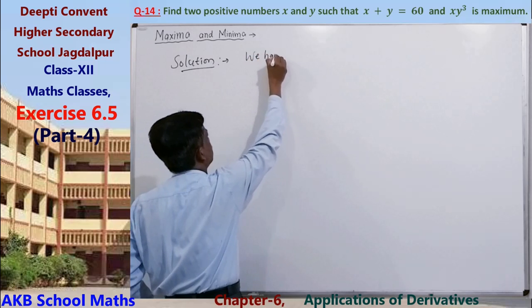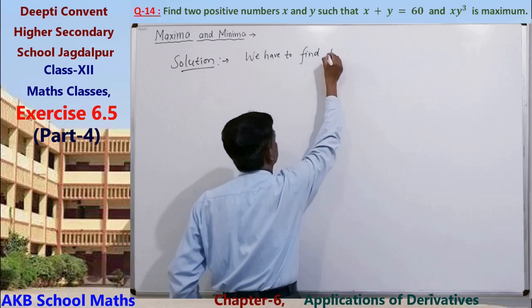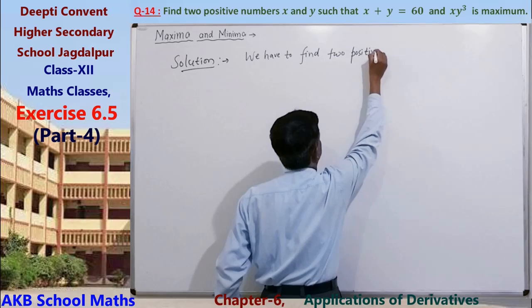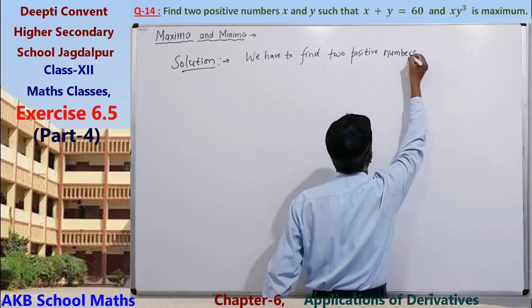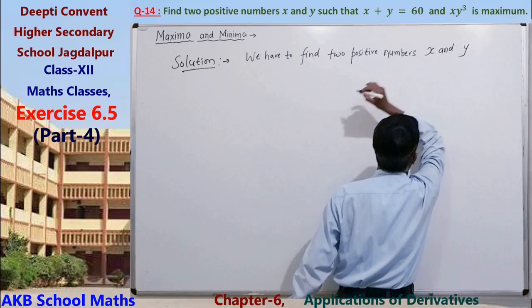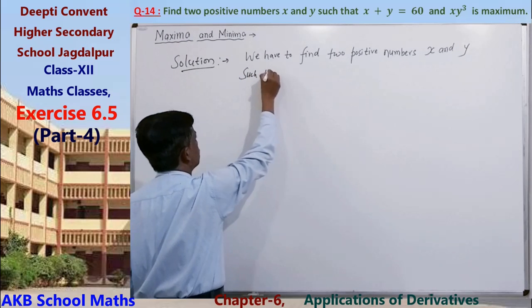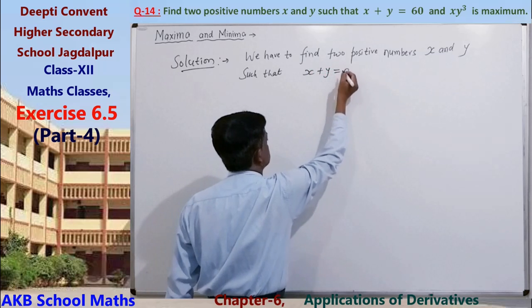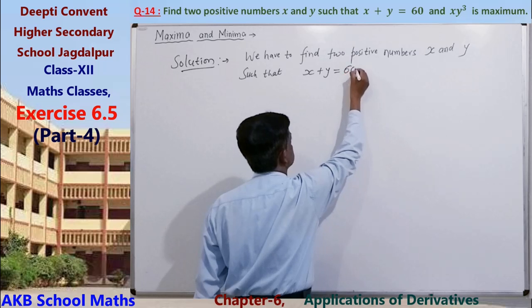We have to find two positive numbers x and y such that x plus y equals 60.